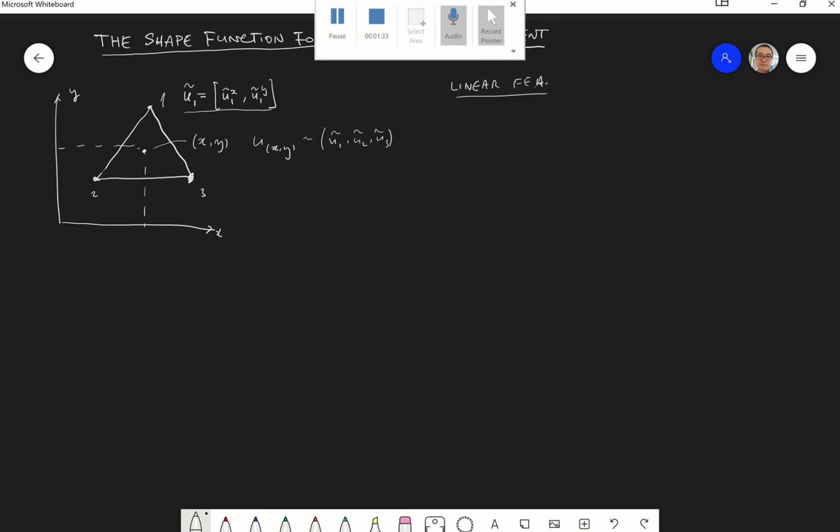So here we're going to assume that for any point in this finite element, ux and uy are going to be some sort of linear function with respect to its coordinates. So ux will look like alpha 1 plus alpha 2 x plus alpha 3 y.